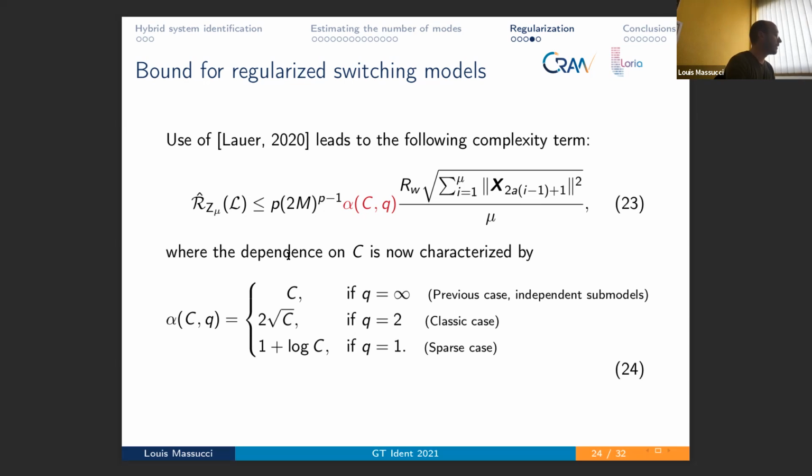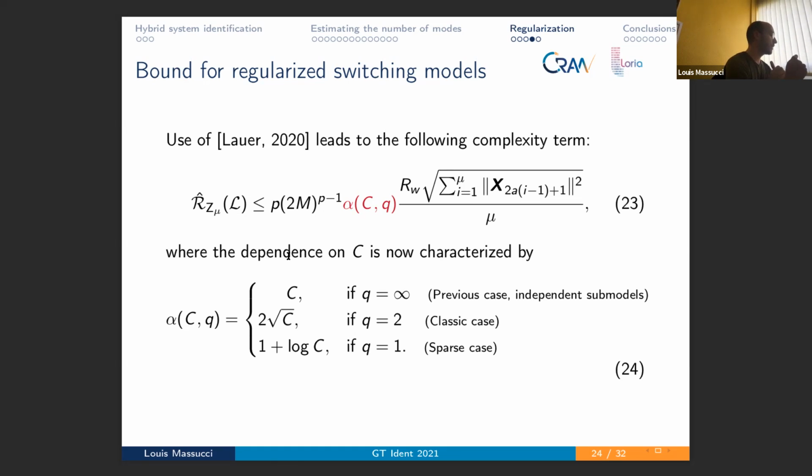And we can see that modifying this Q, choosing Q equal to 2 or Q equal to 1, will be a bit better, because we will move to a square root of C or log of C. The case Q equal to 2 is the more classic case. It remains to take the square of the sum of all the complexities of the submodels.